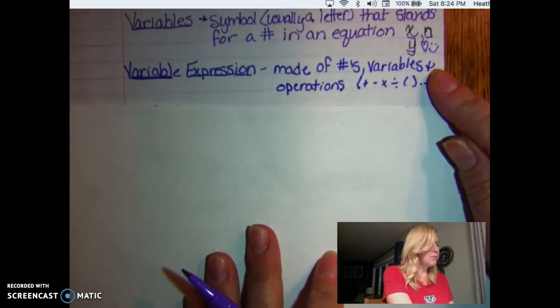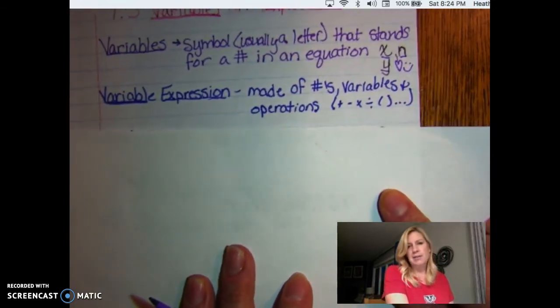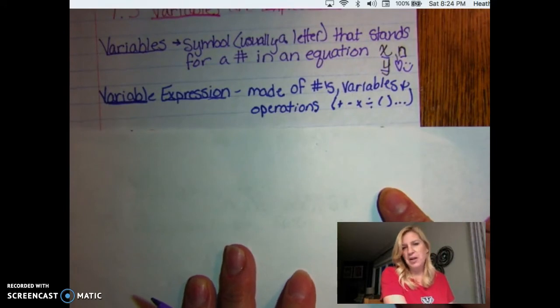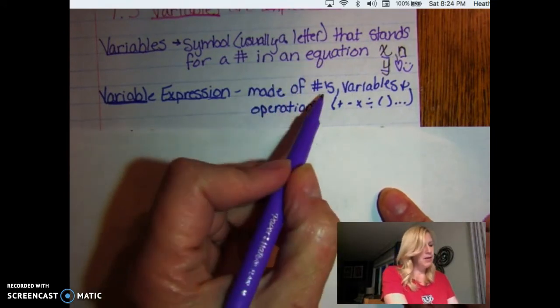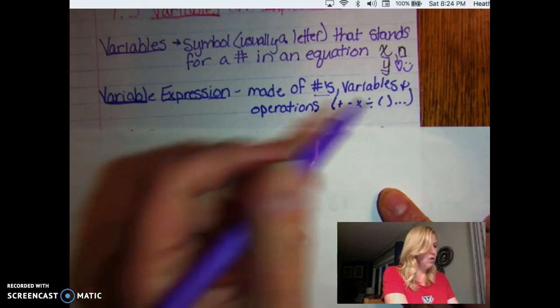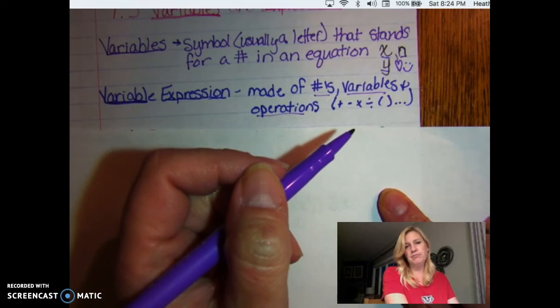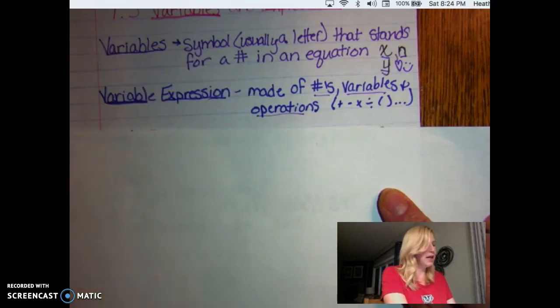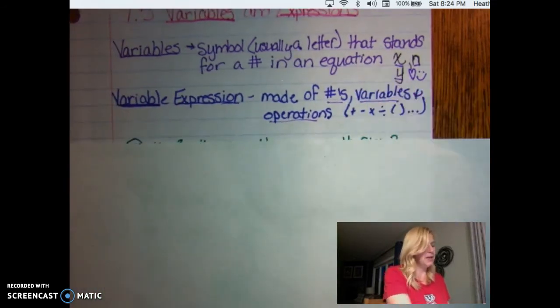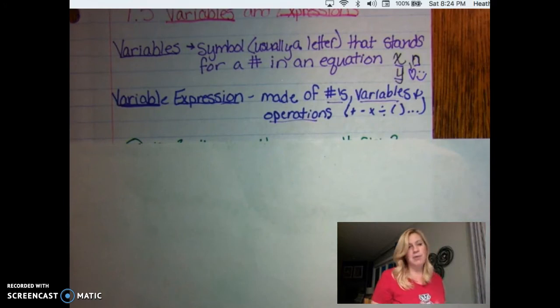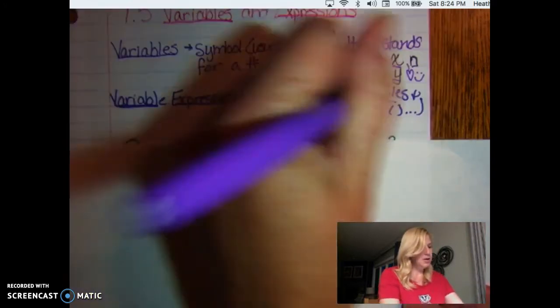A variable expression has some parts to it. It's like making a little soup. So it's made up of numbers or variables and some operations. Okay, so it's trying to express something, and it has variables in it and some sort of an operation.